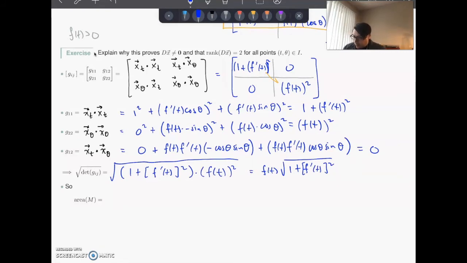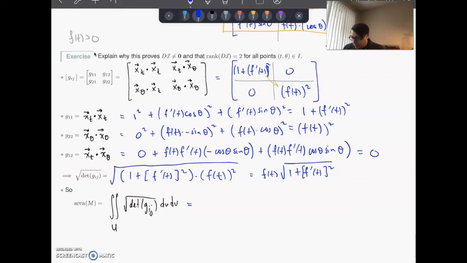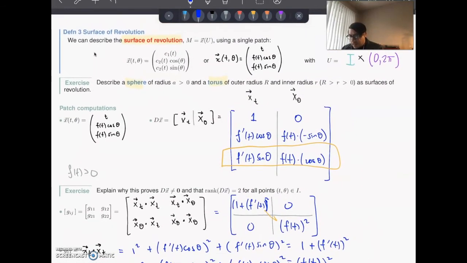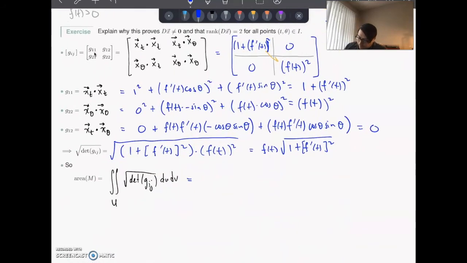Okay, going back to our area formula, we have the double integral over u of the square root of the determinant of g_ij du dv. So once we adapt everything to our problem, so instead of u and v, we are using t and theta, we're going to get a double integral of f of t square root of 1 plus the derivative squared.